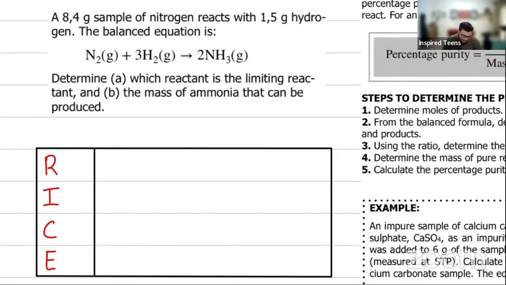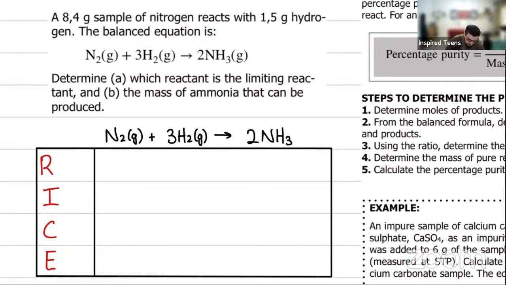Okay, so let's have a look at how we answer this question utilizing our Rice table. The first thing we can do is write our chemical reaction above, and we can go through what each of these letters represent. The first one is R, and R stands for the ratio.